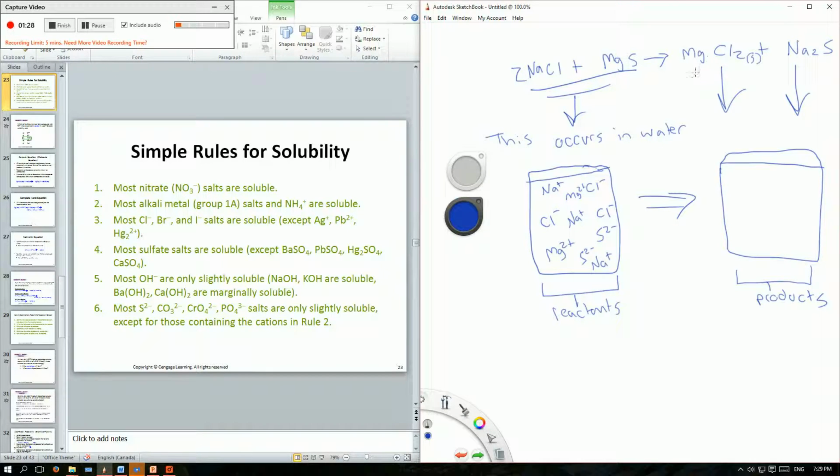We see that the reactants, one possibility could be MgCl2. So we look here. Mg is a group 2A atom, but there's no rule describing what happens when you look at Mg. But if you look here, you have a rule for Cl.